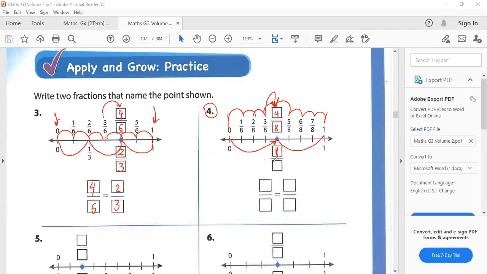How many parts down? Down 2. So 1/2. Exactly in the middle, between 0 and 1, you will find half.